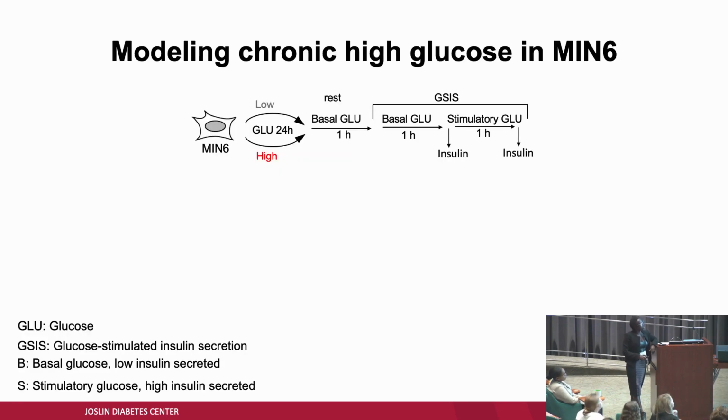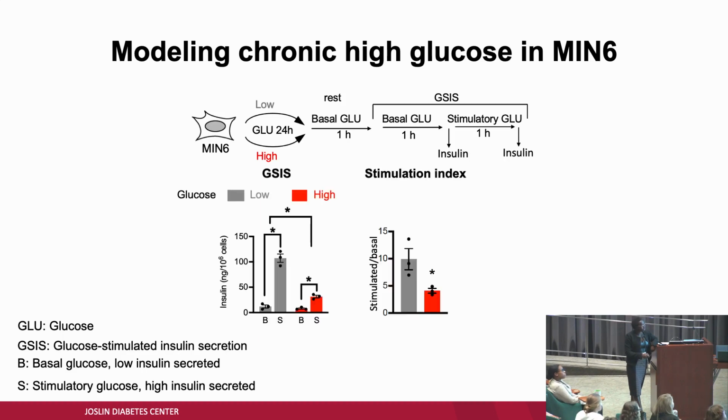So I'm using a cell line model to do these high throughput experiments. The model I'm using here for hyperglycemia is a 24-hour treatment with high glucose and then performing glucose-stimulated insulin secretion. Again, here it's just taking the insulin supernatant after basal glucose exposure and after stimulatory glucose exposure.